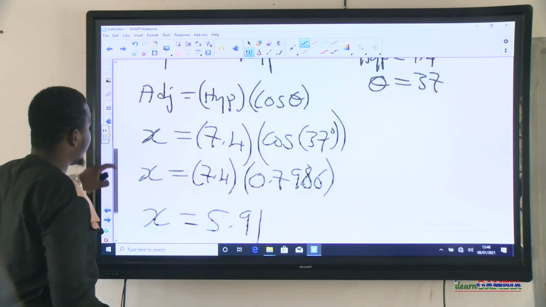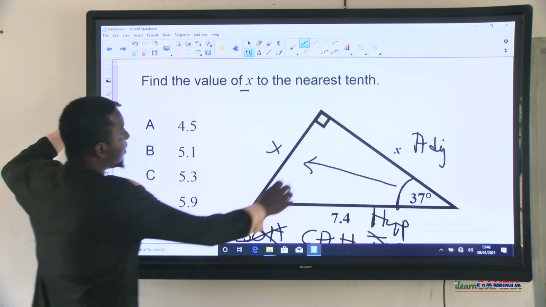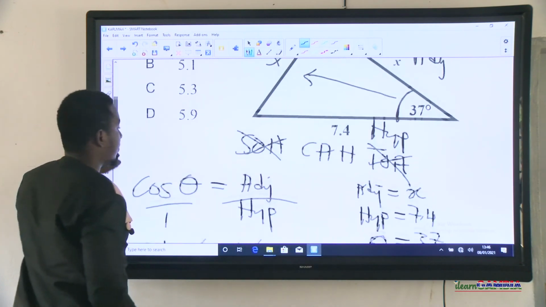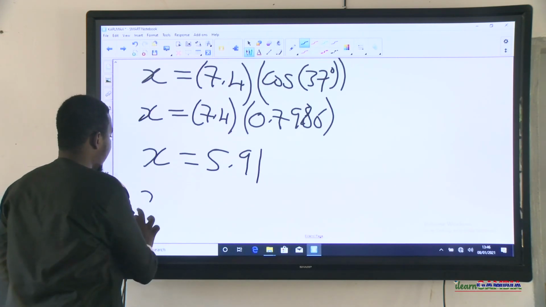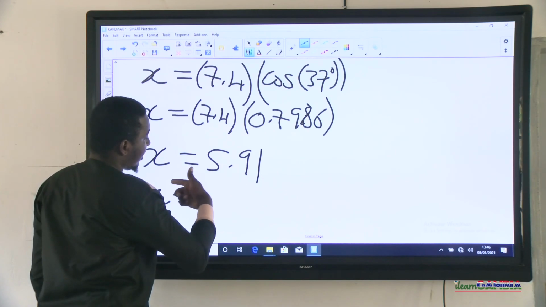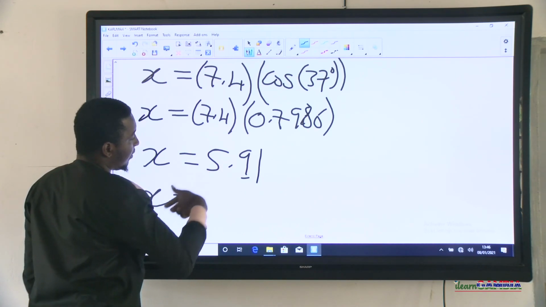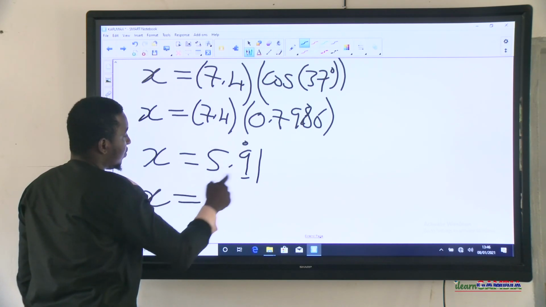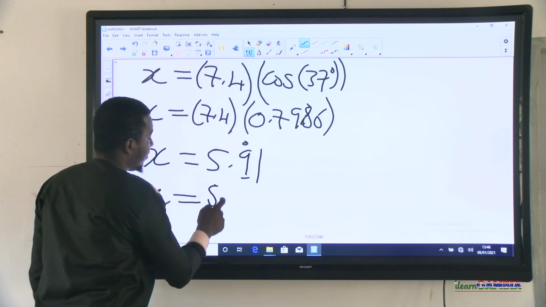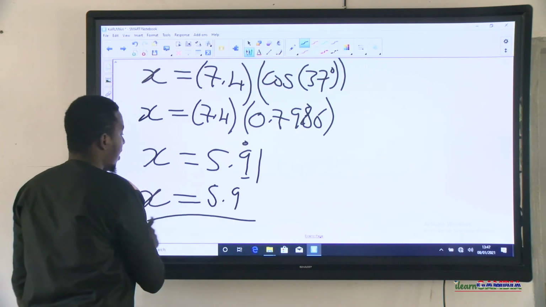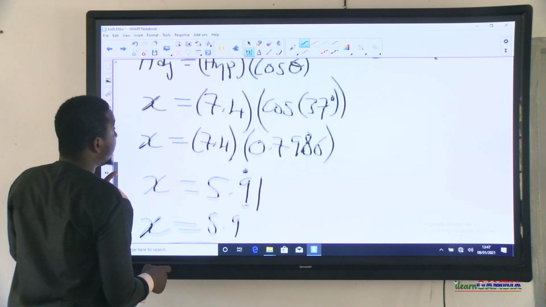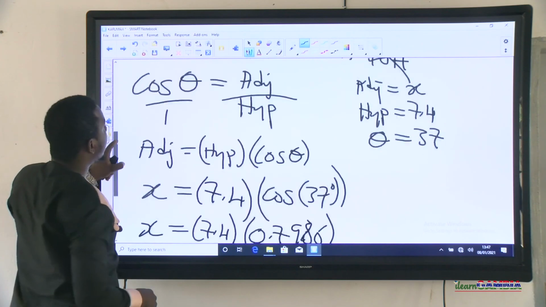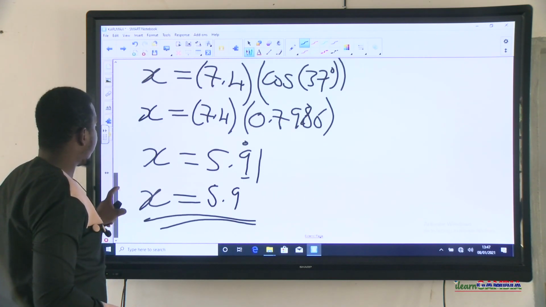So if you are going to round this to the nearest tenth, the digit is 9. The digit after it is 1, less than 5, so we add 0. So in this case we are going to have 5.9. Our x value, which represents the adjacent, is equal to 5.9.